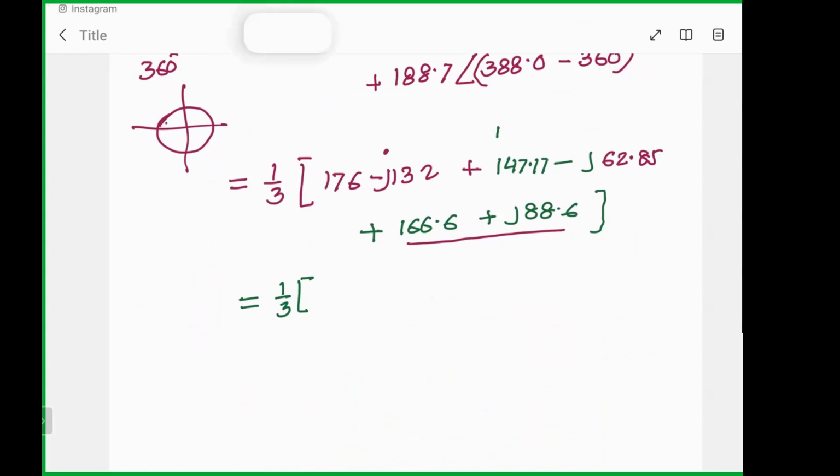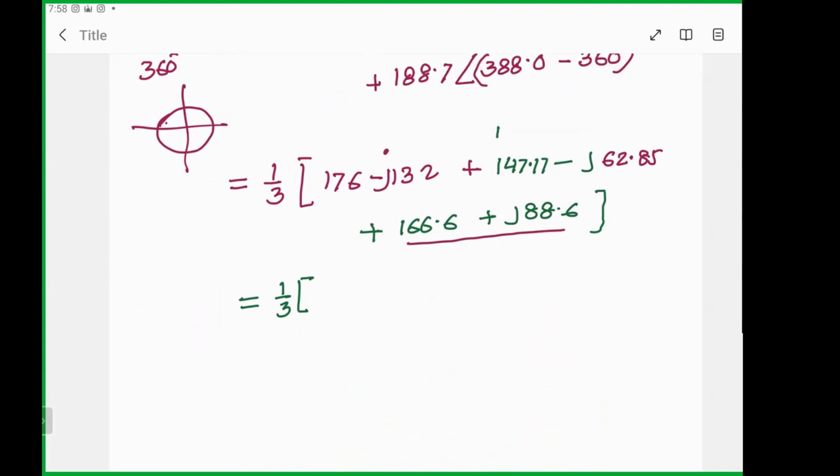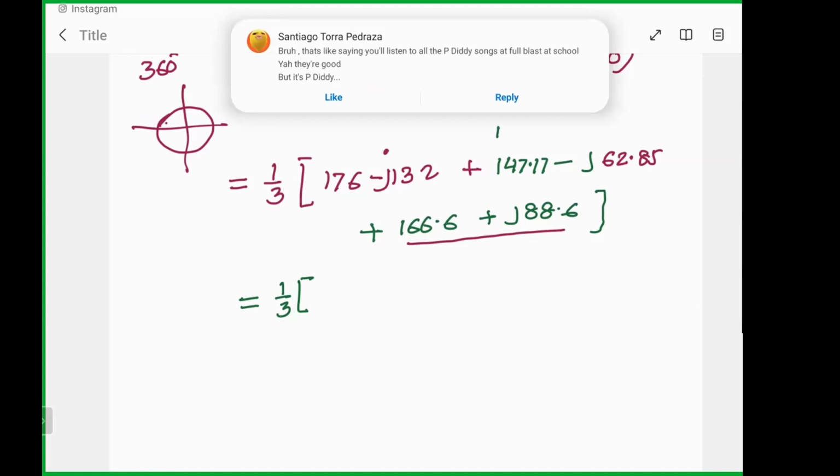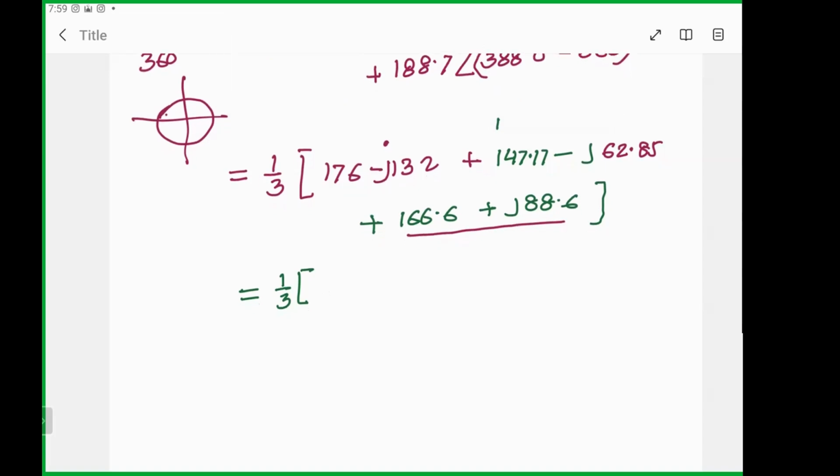So 147.17 plus 166.66, plus 176. So if I divide by 3, that will be 163.